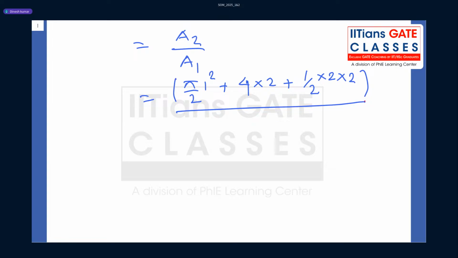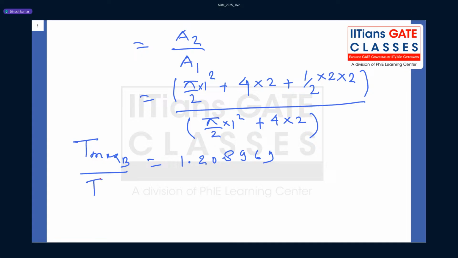Now what is the area of design 1? It is the semicircular nose plus the rectangular part, so it is 4 into 2. If you find this area ratio, it comes to 1.208969. So the ratio of maximum torque carried by design B to design A comes to 1.208969.